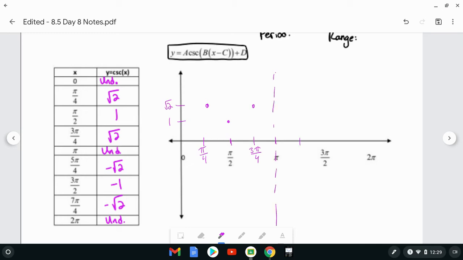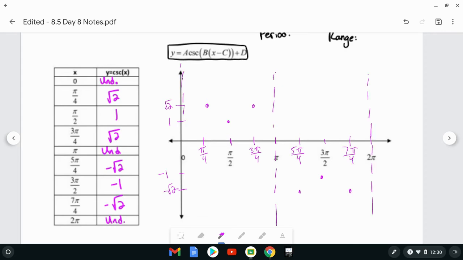And then at 5 pi over 4, we're down at negative square root of 2. Negative 1 at 3 pi over 2. And then at 7 pi over 4, we're back at the negative square root of 2. And again, a vertical asymptote at 2 pi.